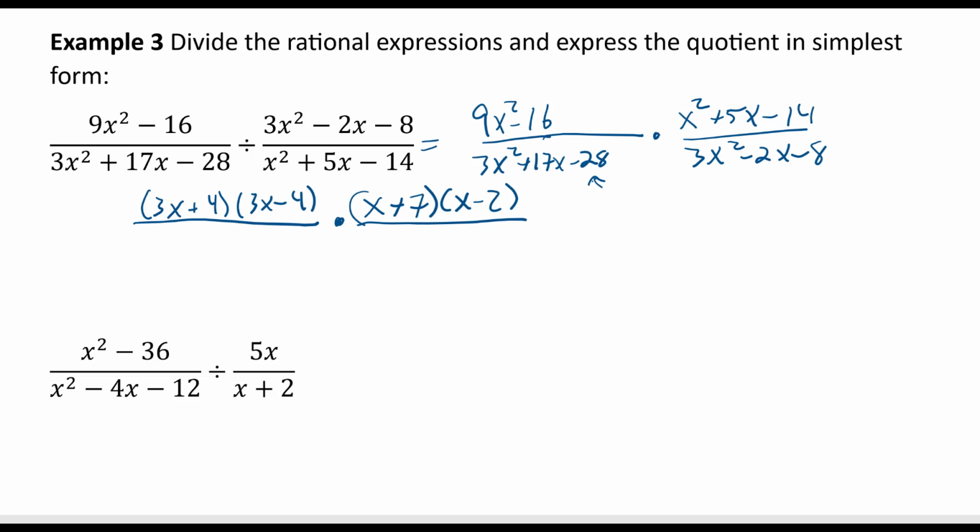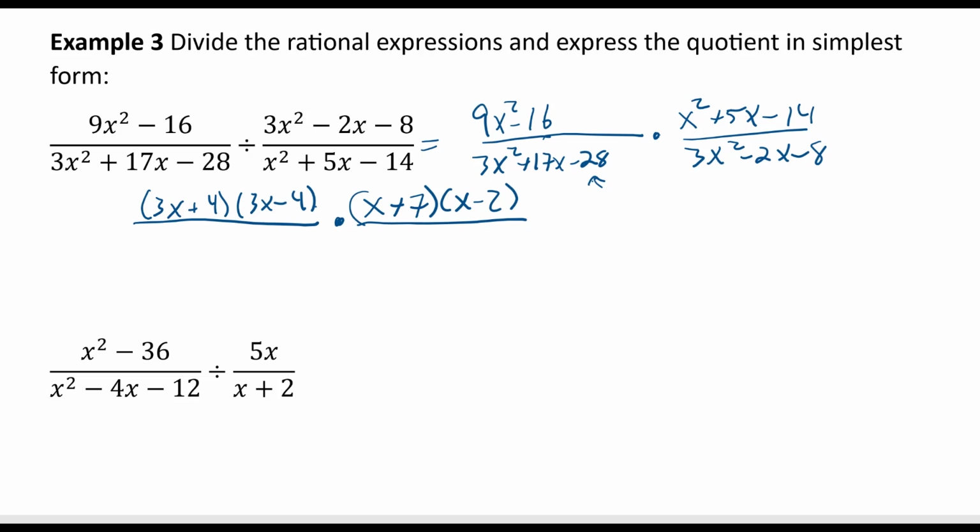That 3x squared, it's coming from 3x plus 4 times x plus 7. So 3x squared, 3x times x. And the negative 28 has got to be this one, negative 4 times 7. And then we get the 17. That's what it is. So I'm using the context clues here.